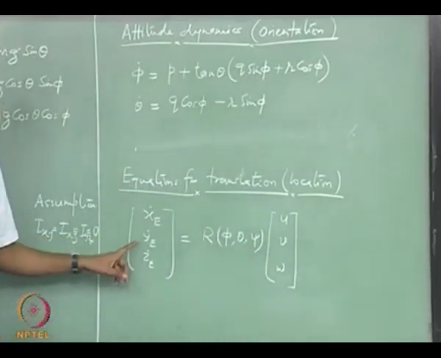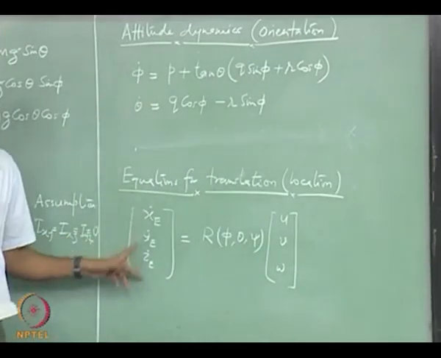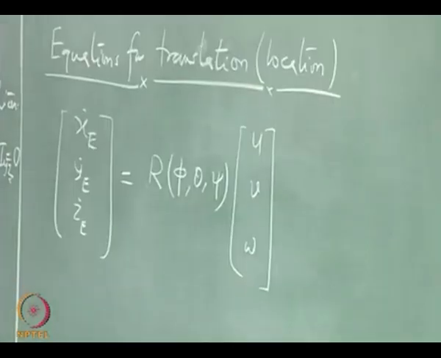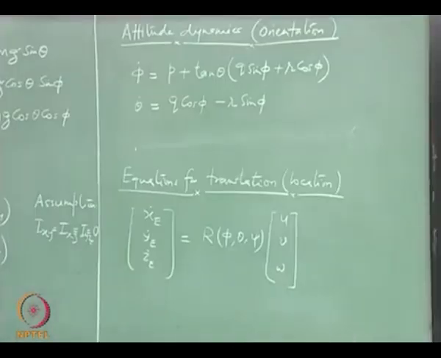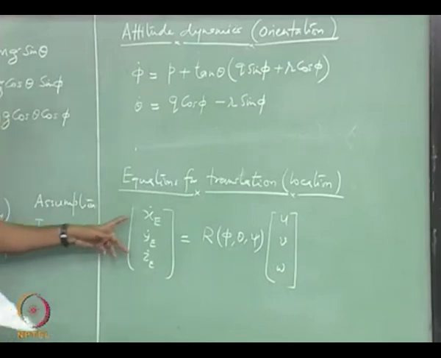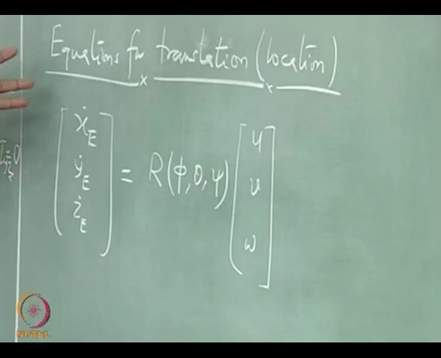X_E, Y_E, Z_E, do you see them appearing anywhere? These are only telling you the location of the aircraft, right. You do not see them appearing anywhere, they are not influencing the dynamics of the aircraft, right.